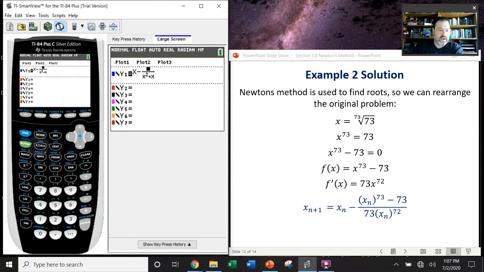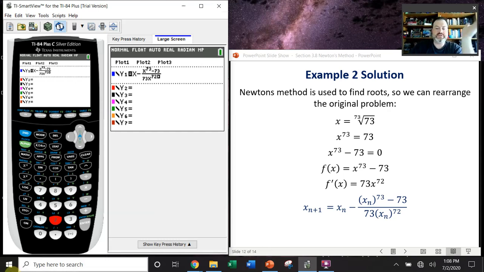So this is going to be x to the 73rd power minus 73 divided by the derivative, which is 73 x. Oh, hold on, I messed up. 73 x to the 72nd power. Now, the question becomes, how do I find where the root is?